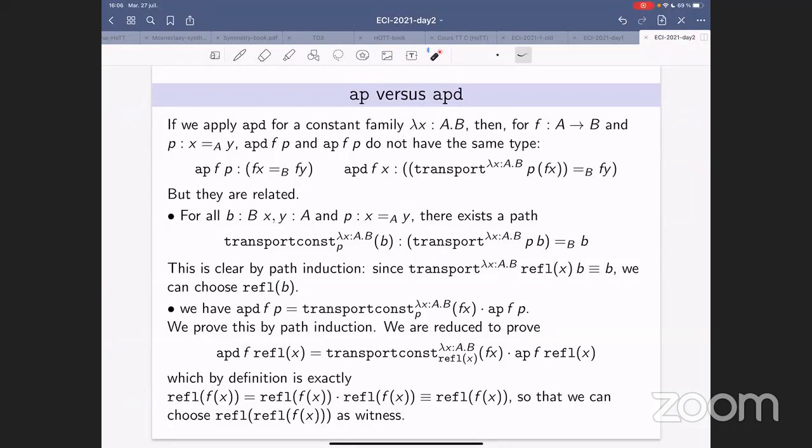It's for any b in B. We can show that transporting, what did I write? Is this correct? Yes, transporting, if the type family is constant, well, the point is that why should we care about transporting in a constant type family?